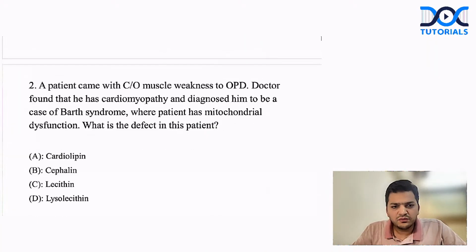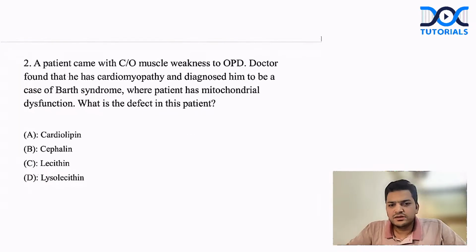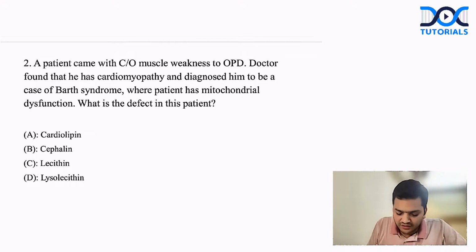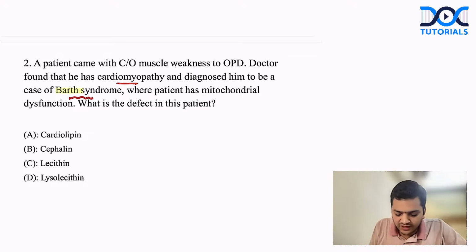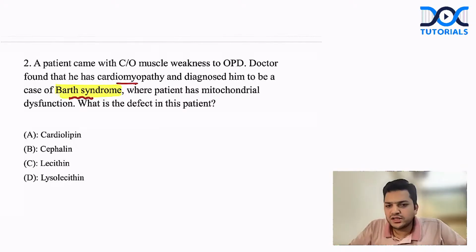The next question: a patient comes with the chief complaint of muscle weakness to OPD. The doctor found that he has cardiomyopathy and diagnosed him with Barth syndrome, with mitochondrial dysfunction. What is the defect in this patient? Actually, the diagnosis is already written, so it's a kind of one-liner.